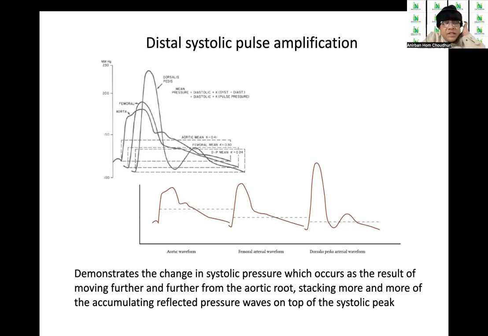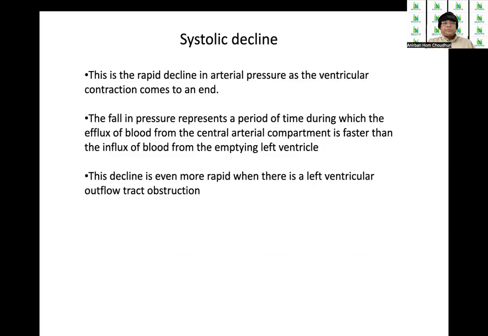If you see this, you can find the change in systolic pressure that occurs as a result of moving farther and farther from the aortic root, stacking more and more of the accumulated reflected pressure waves. So the reflected pressure wave, which you saw initially giving rise to the augmented pressure, becomes absent because of this overlapping effect of the reflected pressure waves on top of the systolic peak as the distance increases.